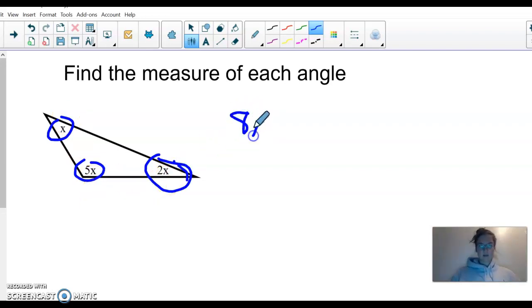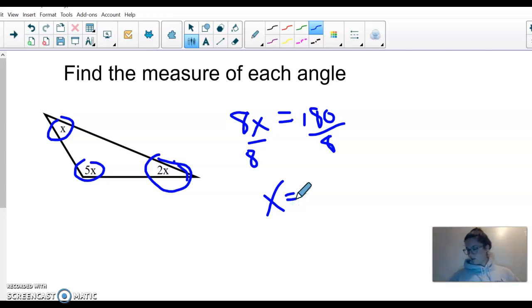So it's 8x equals 180 degrees. You solve that by dividing by 8. So you have x equals, my handy dandy calculator if you need one. If not, do the long division. 22.5.